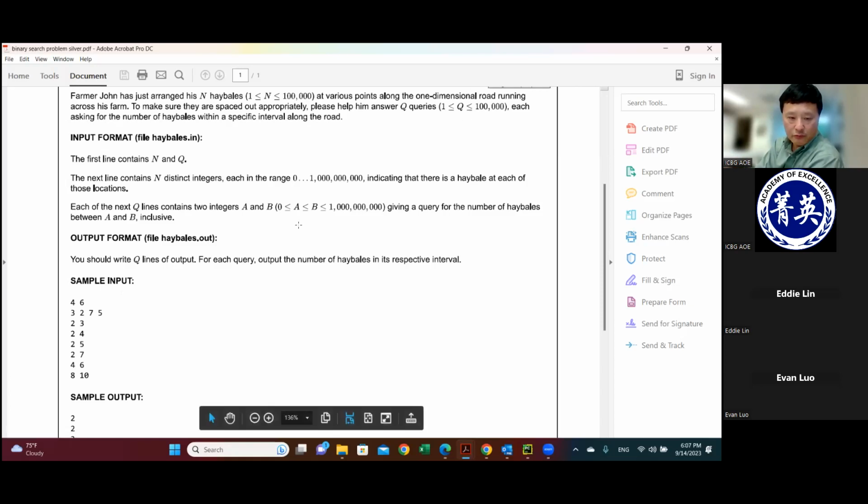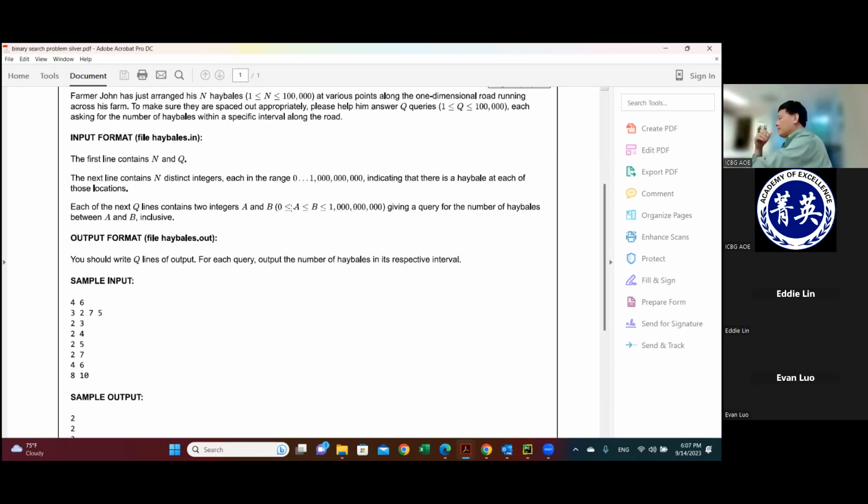When it comes to the Q lines of input, the first one is A, the second one is B. A is always less than or equal to B. But you see B could be 1 billion, because it's silver, that's why the number is bigger.